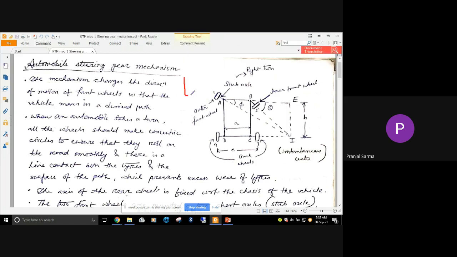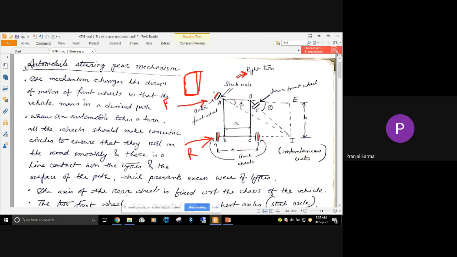So what happens? In this figure we are showing, suppose this is the chassis of the vehicle, and this is the front side, and this side is the rear side. So this is the back wheel or the rear wheel. We are showing just four wheels here, one, this is another, and we are showing the vehicle taking a right turn.